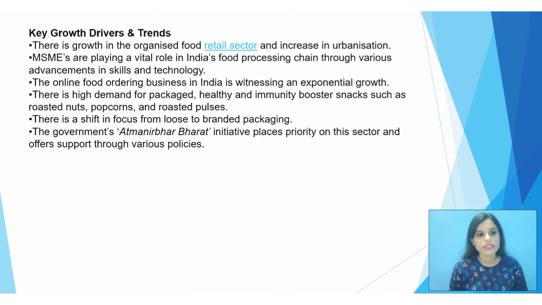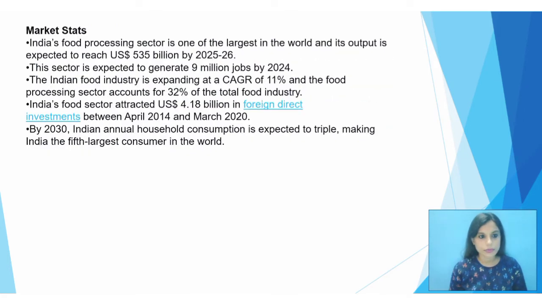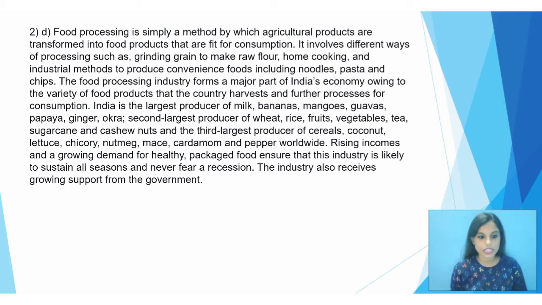So we need to understand the prospect of the food processing industry in India in the future years. What's going on in this industry and what are its future prospects? Food processing is simply a method by which agricultural products are transformed into food products that are fit for consumption. So from raw materials, it gets processed, and then it becomes fit for consumption.